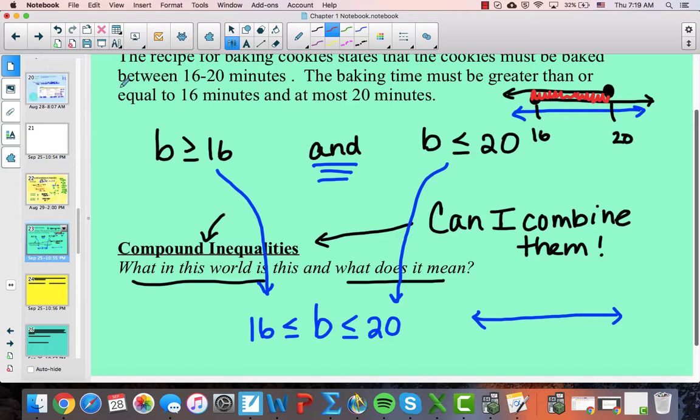It even said that the baking had to be between 16 and 20. When I write it as a compound inequality, the graph is written neatly for me, because here's the 16, here's the 20. I have everything in between them. I want all the B's in between them. So a compound inequality is sometimes easier to see what we're talking about.